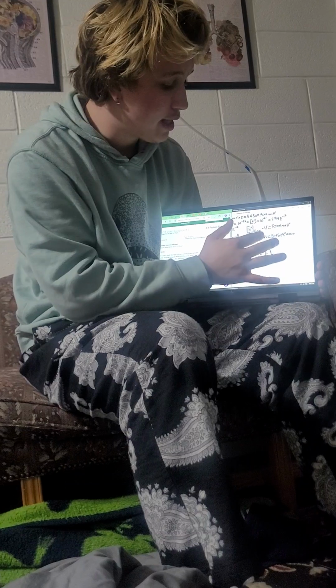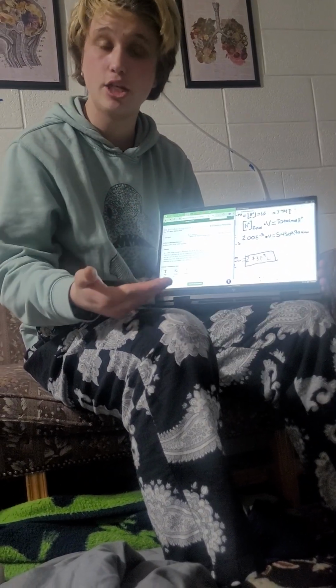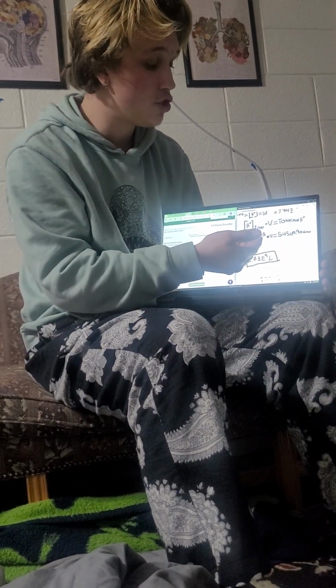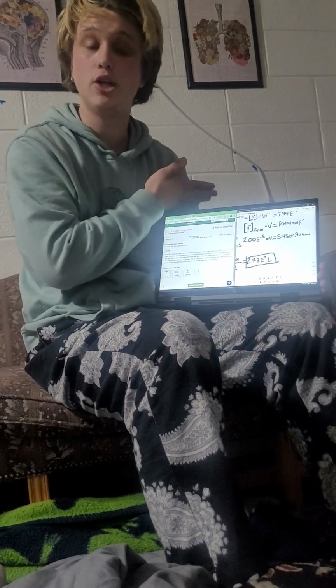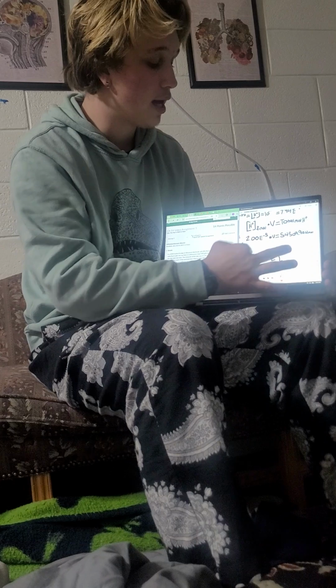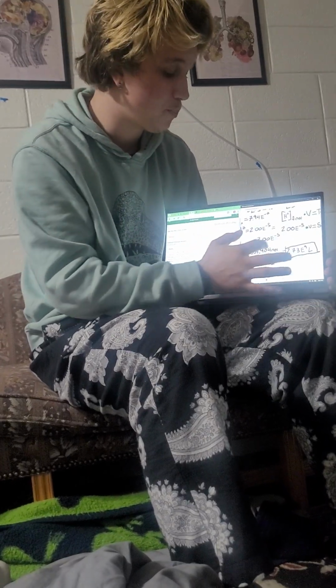Now we can look at this equation here. We have a molarity of H plus ions and we have total moles. So we can do our molarity times volume equals moles as we did earlier, but just plug in the values we have and rearrange to solve for total volume.